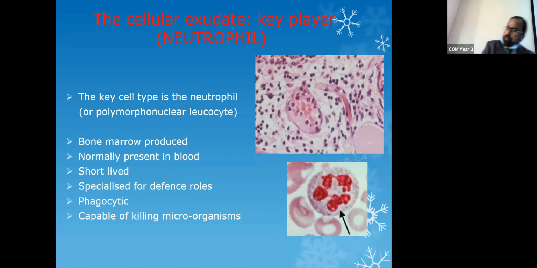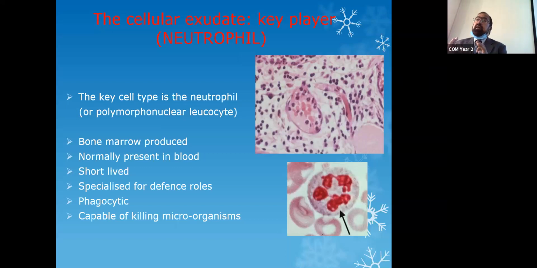They are short-lived, from 6 hours to probably 1 or 2 days, not more. They are specialized for defense roles, so they are ready to go out anytime because they are the highest quantity cells in blood vessels.